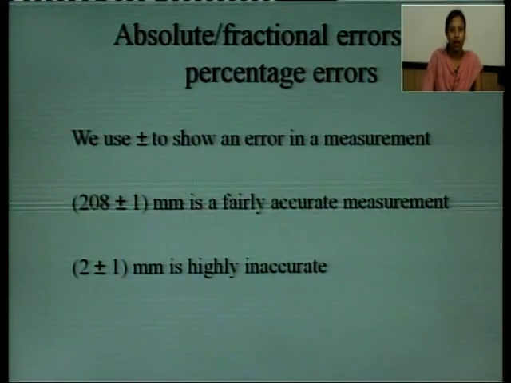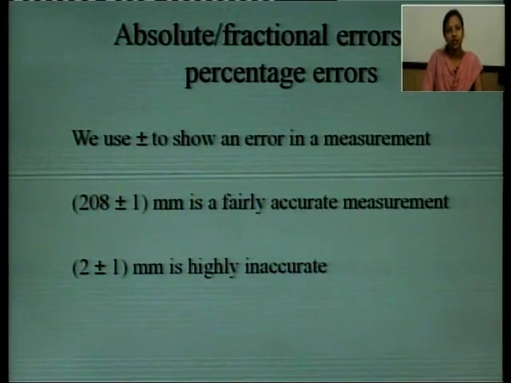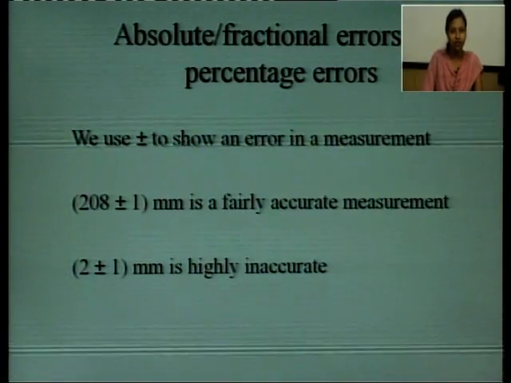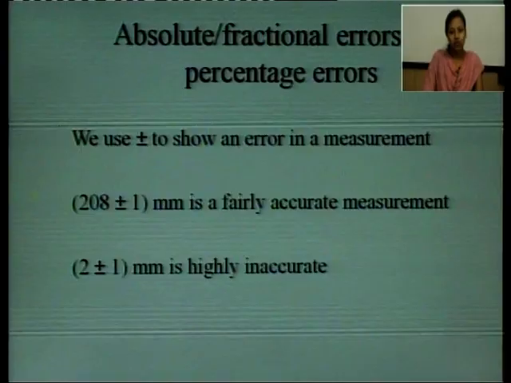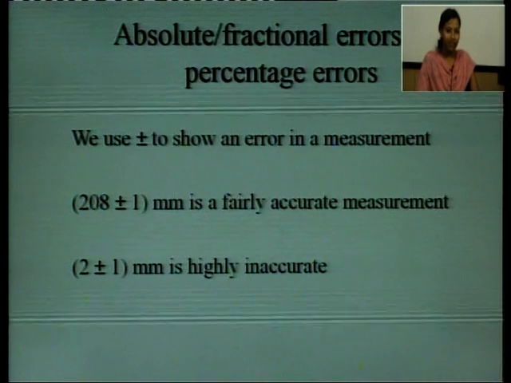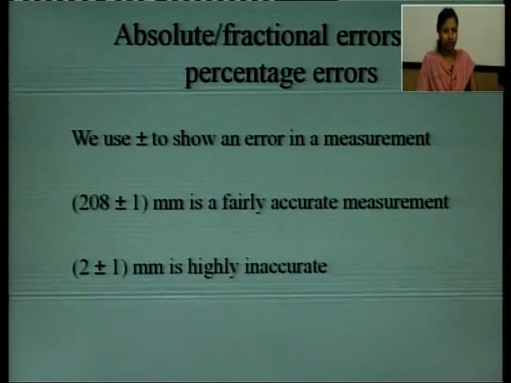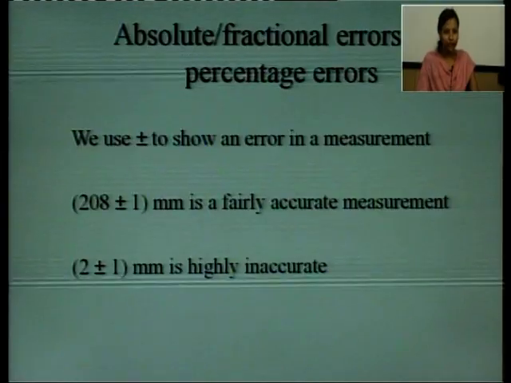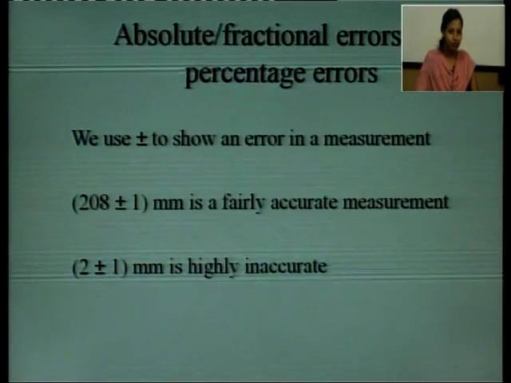Next is absolute or fractional error and percentage error. We know we use plus minus to show an error in the measurement. Suppose I have written 208 plus minus 1 mm. 208 is the true value of that physical quantity, and plus minus 1 represents the error, so 1 mm is the error during the measurement of 208.